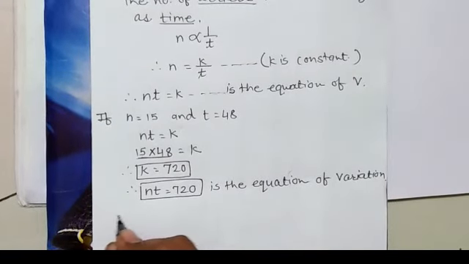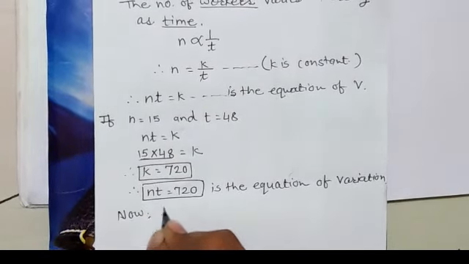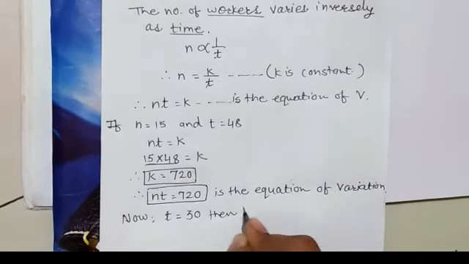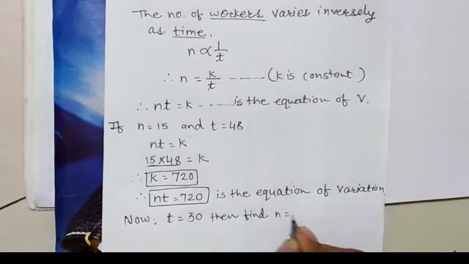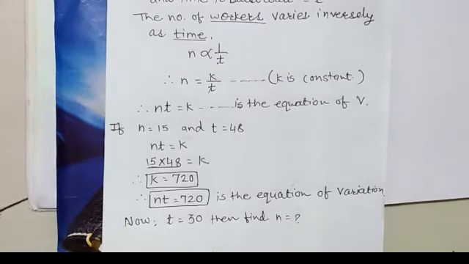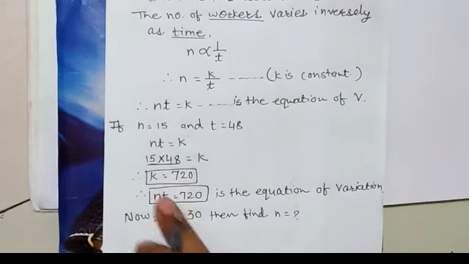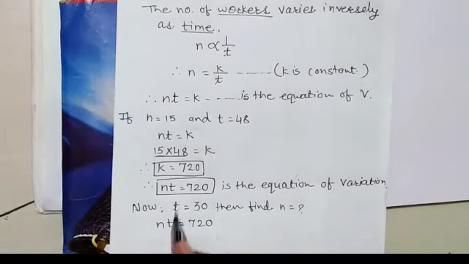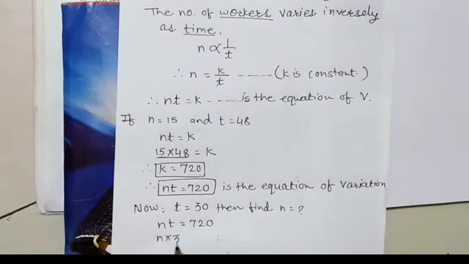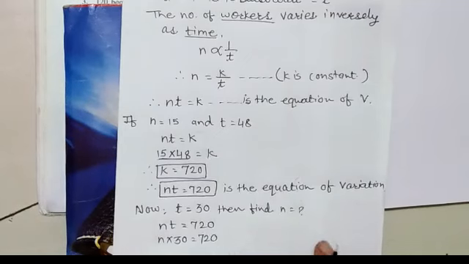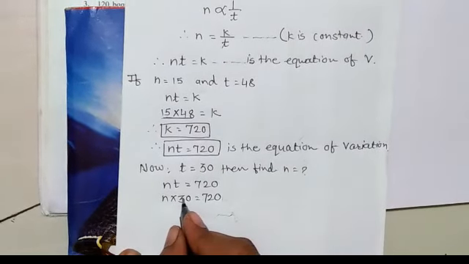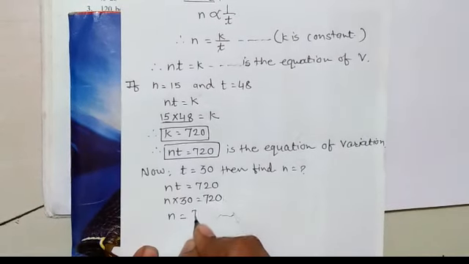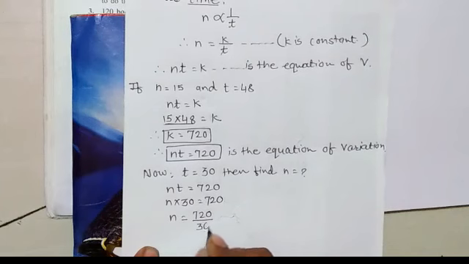Now t is equal to 30, then find n. It means the number of workers. Write the equation again. nt is equal to 720. Put the value of t. n into 30 is equal to 720. This 30 is multiplying here. While going to the opposite side, it will be divided. n is equal to 720 divided by 30.